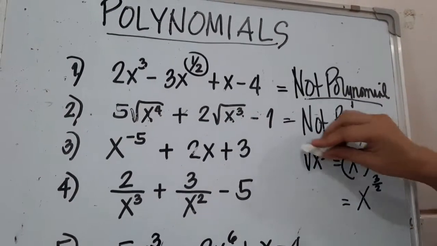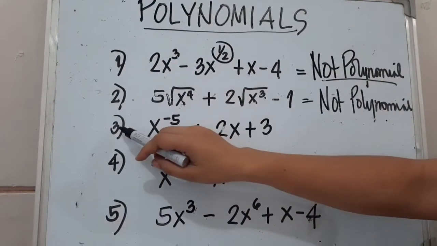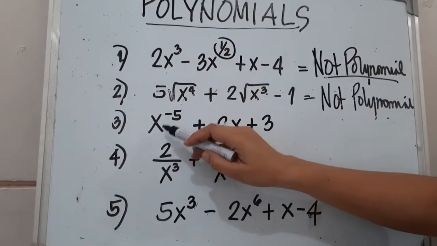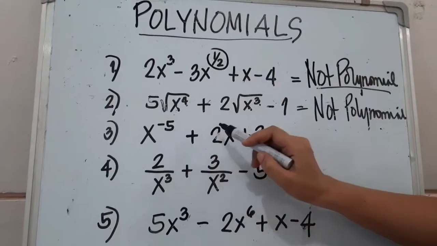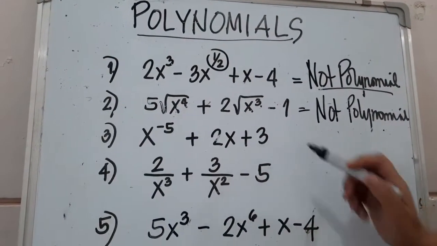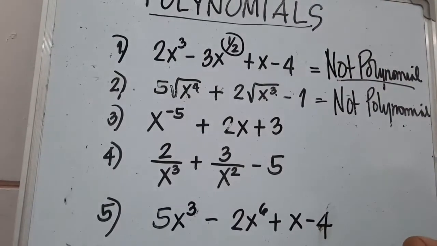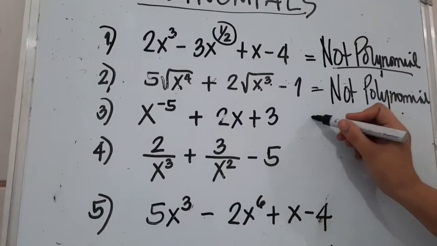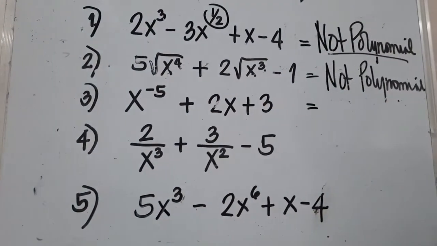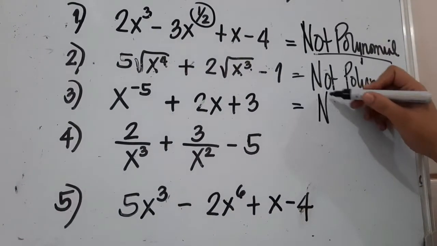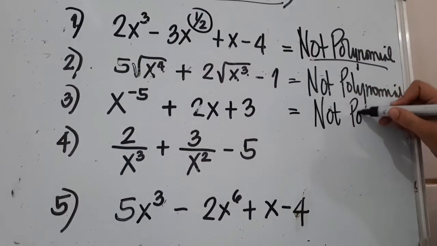Did you get that? Okay. We'll proceed with example number 3. x raised to the power of -5 plus 2x plus 3. All we have to do is just look for the exponents of our variables. In this case, is this a polynomial or not a polynomial? Absolutely, it's still not a polynomial.